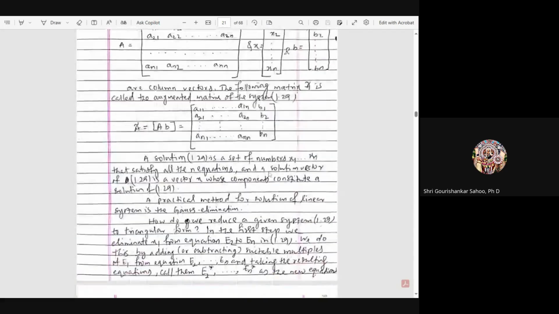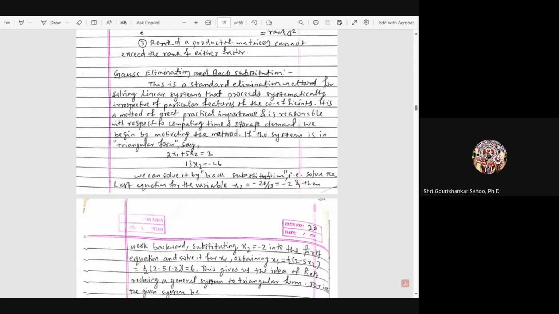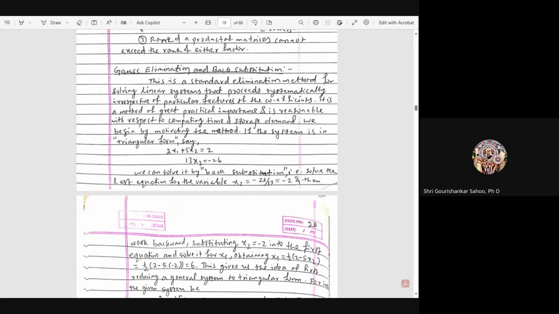Similarly, to solve a matrix also, the elimination method is very helpful, and Gauss elimination is one of the very interesting elimination methods by which we can have our back substitution and solve the matrices and thereby systems of equations.